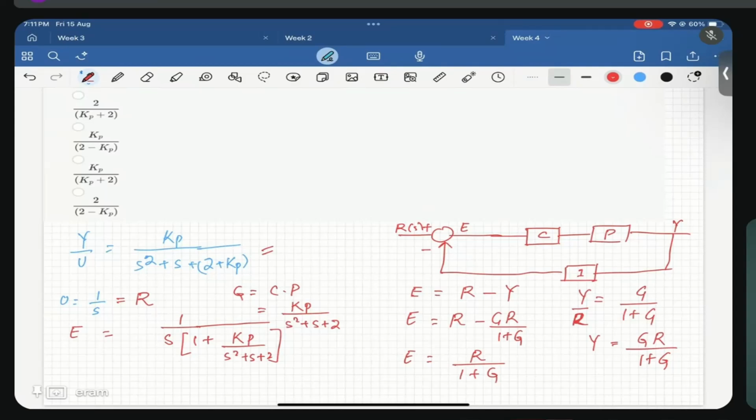We have to put s equal to 0. First we multiply with s. So the steady state error will be the limit as s tends to 0 of s into E(s). So what you will get?